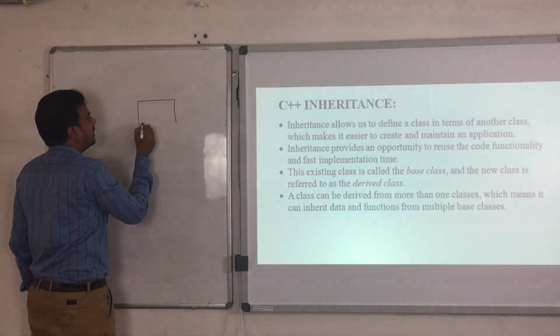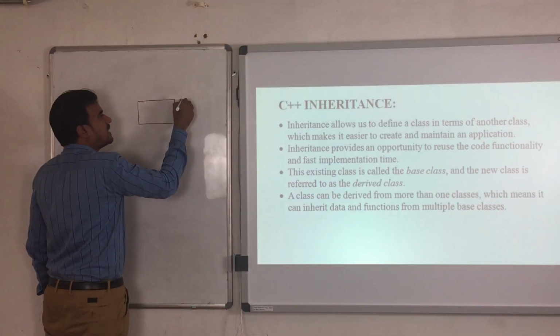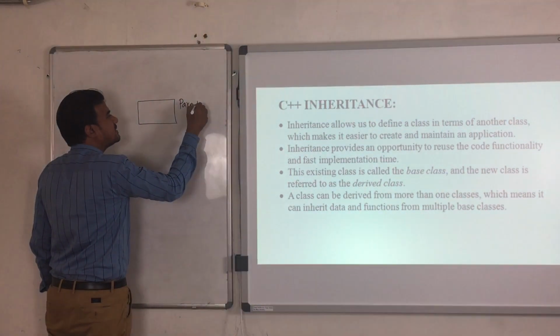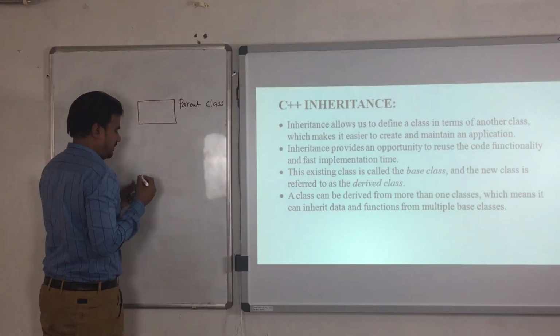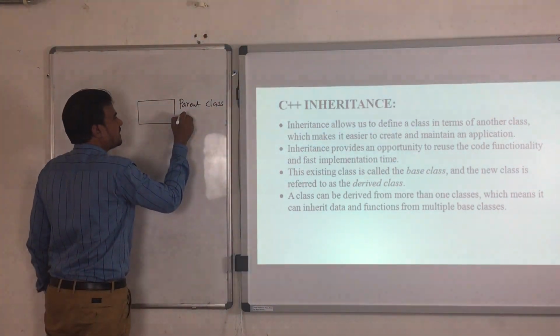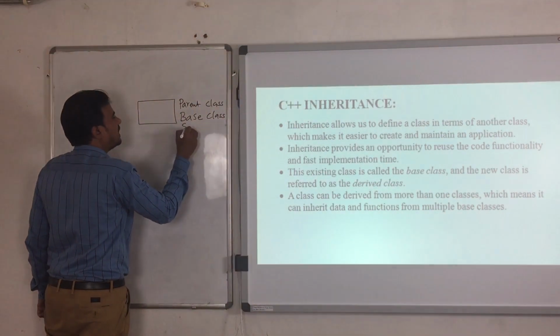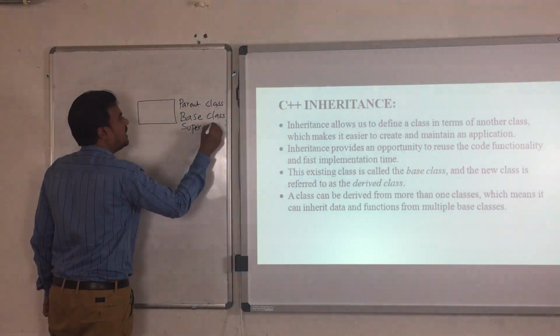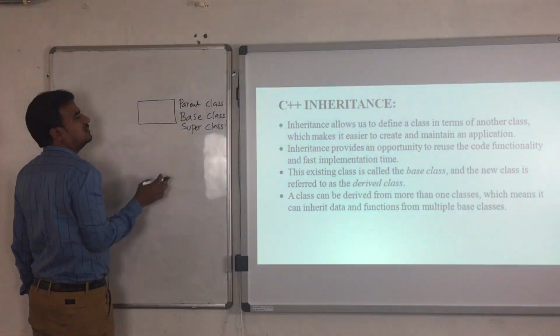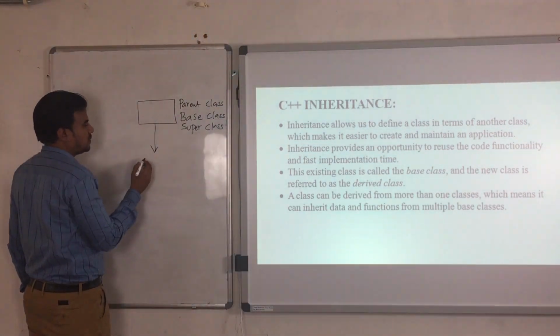For the already existing class, we have synonyms: we can call this class the parent class, base class, or super class. These three names we have. The meaning is all the same. We are talking about the parent class only.